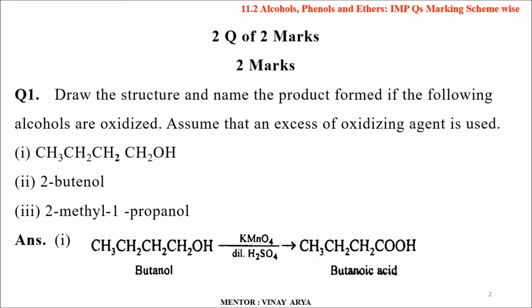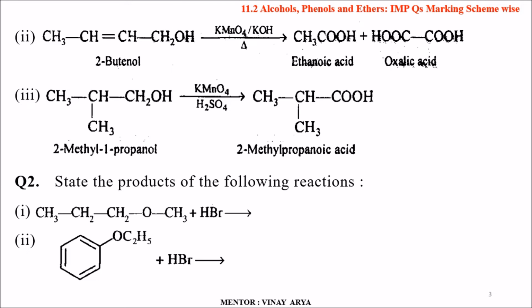When combined with potassium permanganate in presence of dilute H2SO4, it forms butanoic acid, CH3CH2CH2COOH. Second part is CH3CH=CHCH2OH, 2-butanol.